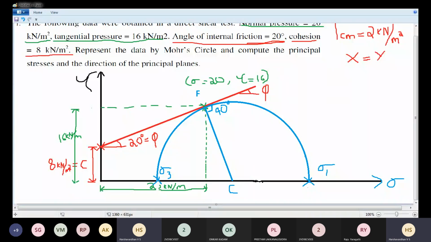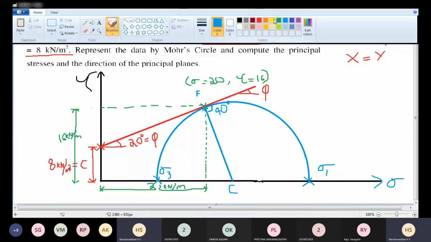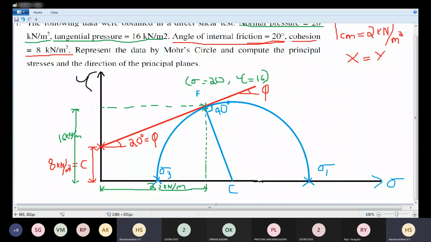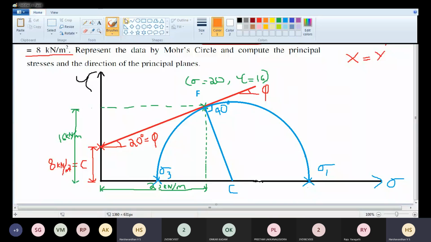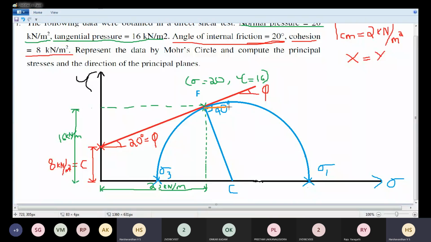So you can find the direction of the principal planes from the graph also. I'll tell you how to find the direction of the major and minor principal plane. Now, from the failure point, draw a horizontal line. This is the failure point.